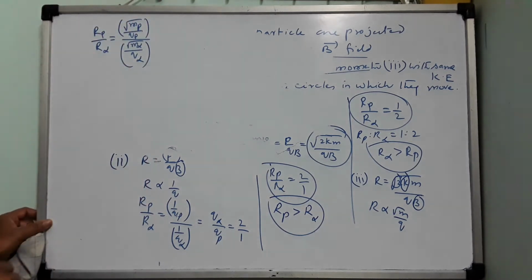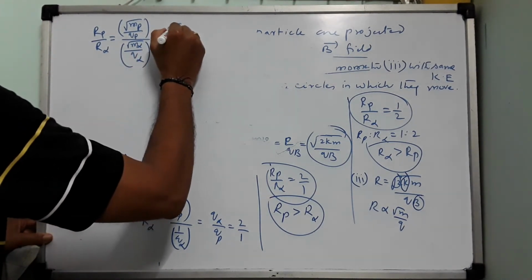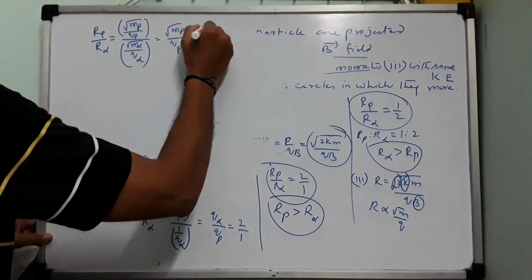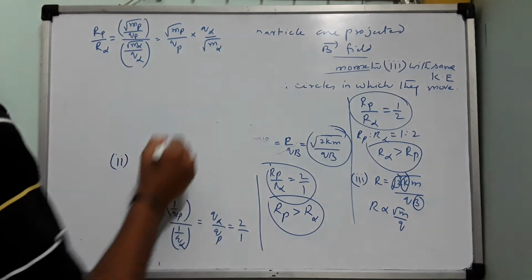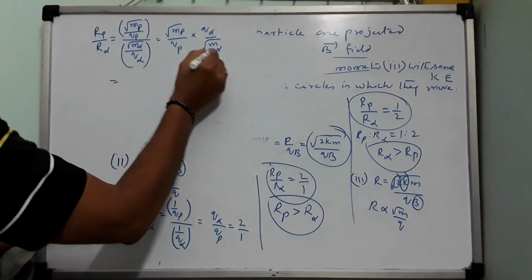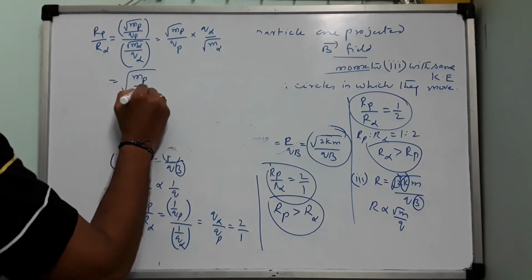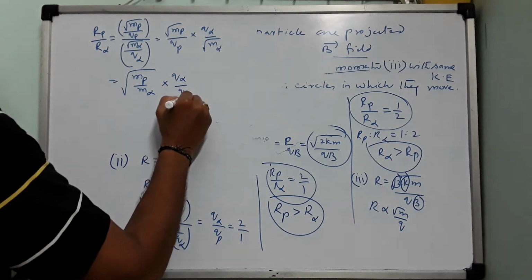Keep the brackets, it will be clear. Now this will be root over mass of proton by charge of proton into charge of alpha by root over mass of alpha. So these two I can write together under root of mp by m alpha multiplied by q alpha by qp.